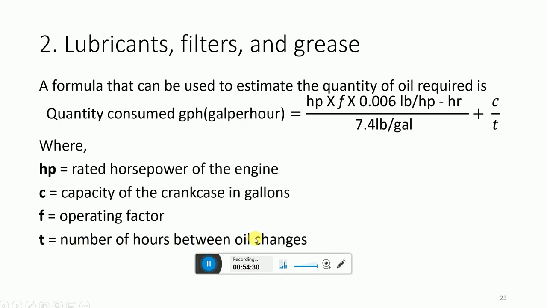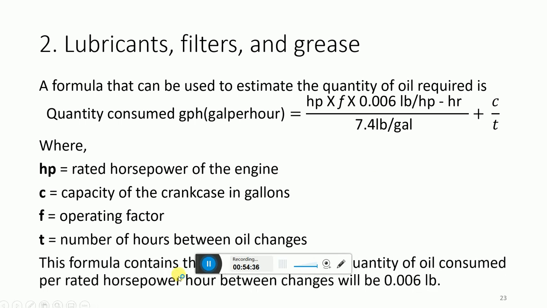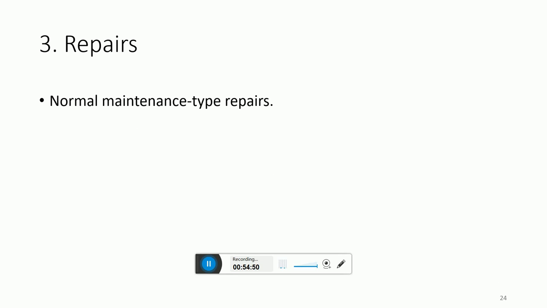T is the number of hours between oil changes. This formula contains the assumption that the quantity of oil consumed per rated horsepower between changes will be 0.006 pound.